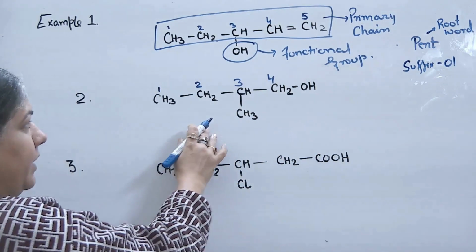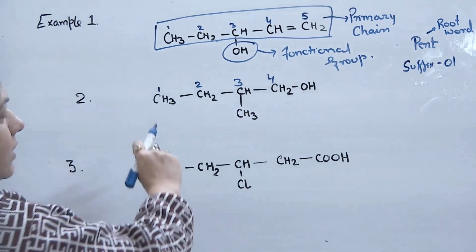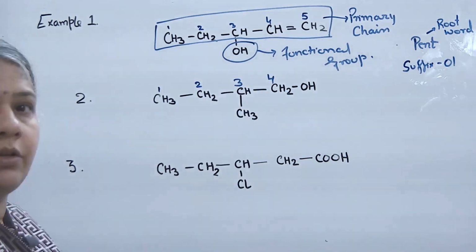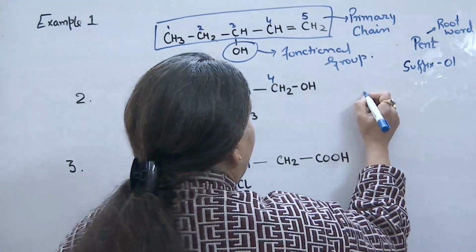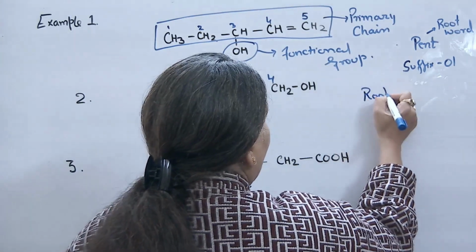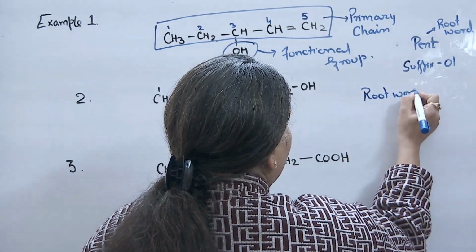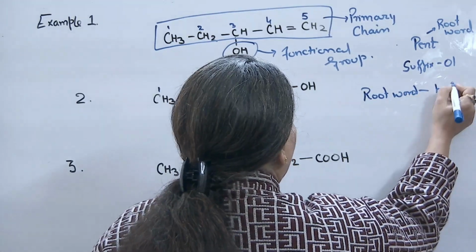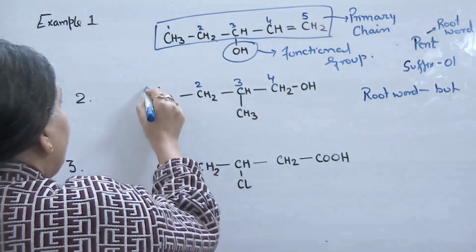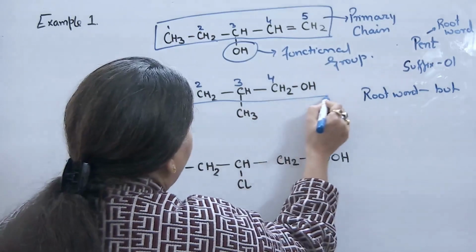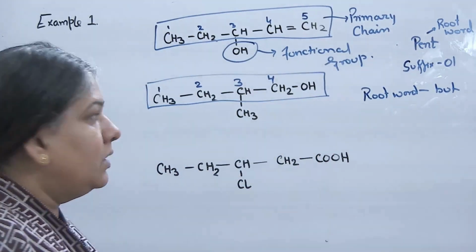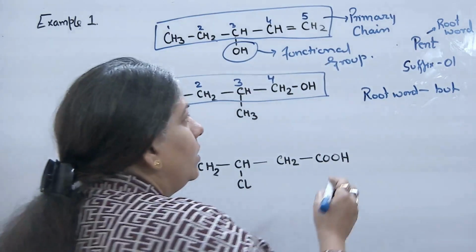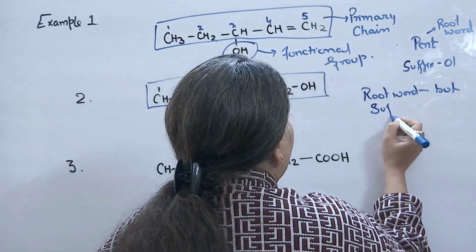Similarly, in the second case, see the longest carbon chain is a 4 carbon chain, so the root word will be but. And see, this longest carbon chain also contains the functional group alcohol, so the suffix will be ol.